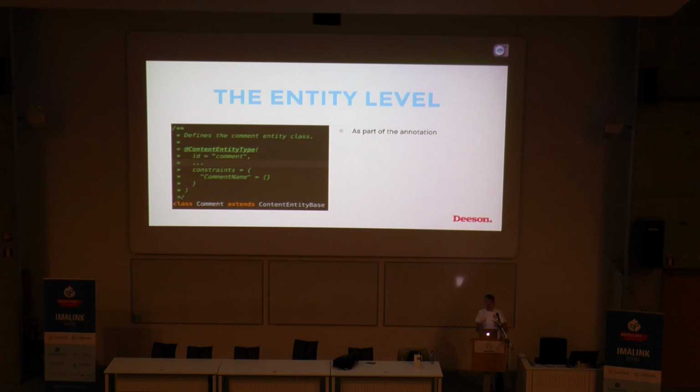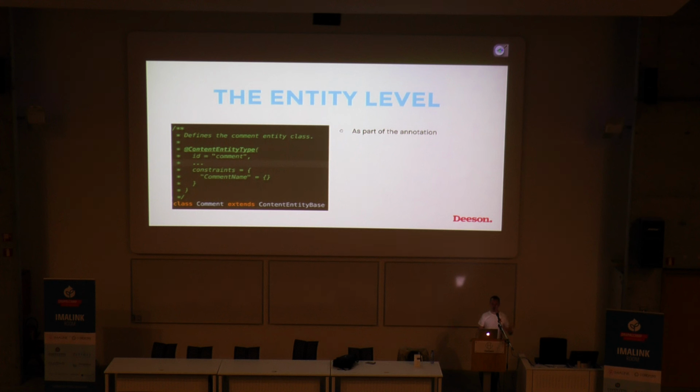You just put in the ID or the name of the validator, and then you specify the options. This one doesn't have any options, so it's just an empty array, but you can add your options in there. You could also just enter a single string if that's your default option, or you can be more specific and tell Drupal that for this property I want this, for this option I want this. It's however you implement it.